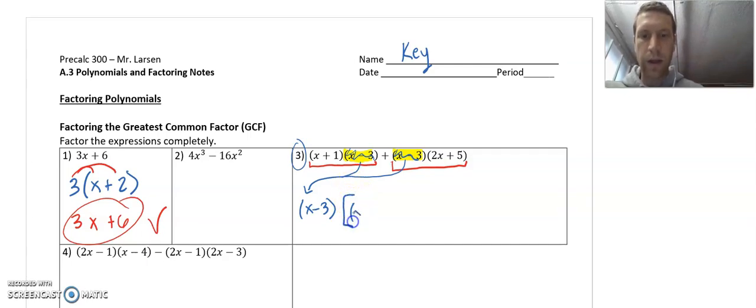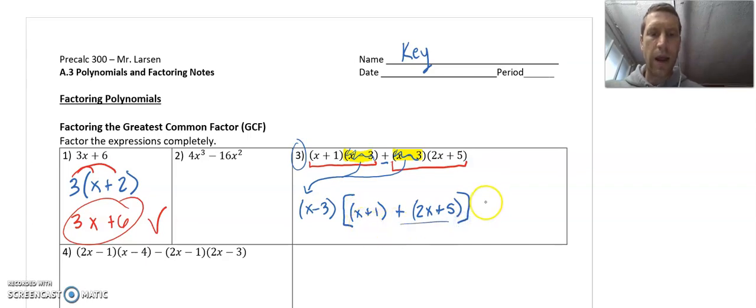So I'm left with x plus 1 from the first one, this plus sign, and then 2x plus 5 on the second one. So the only thing different here, now let's clean up what's inside these brackets. So I'm going to get x minus 3, and then the brackets I don't really need once I simplify. x and 2x is 3x, 1 and 5 is 6.